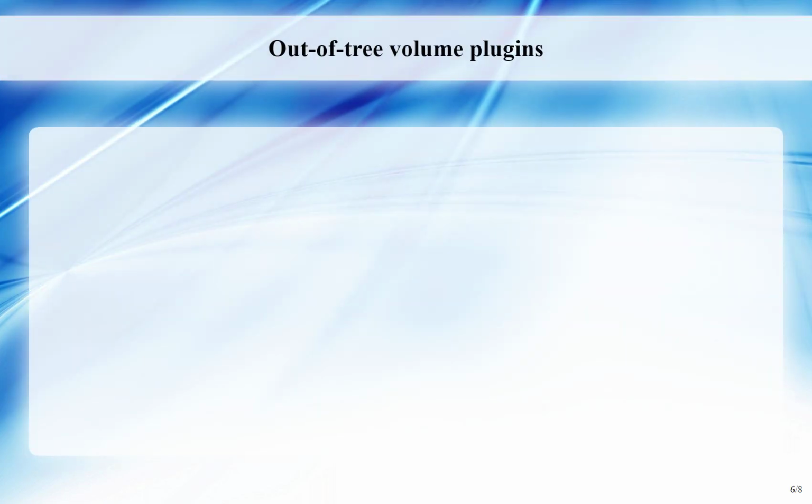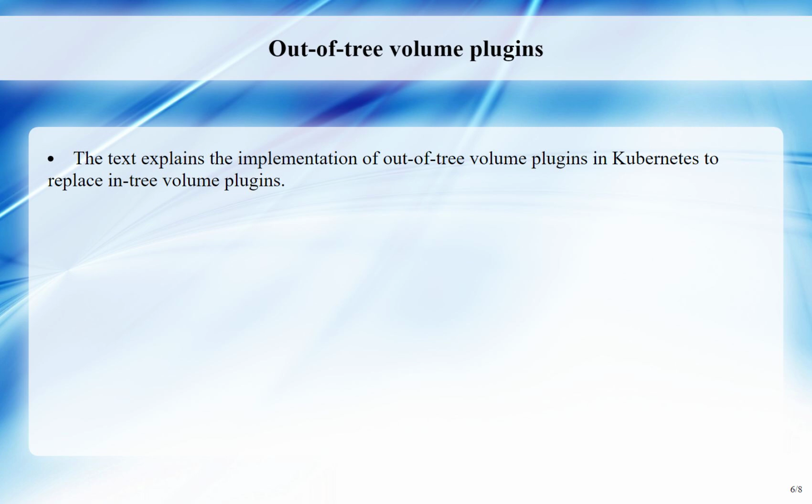Out-of-tree volume plugins. The text discusses the introduction of out-of-tree volume plugins in Kubernetes, specifically focusing on Container Storage Interface (CSI) and FlexVolume. Previously, all volume plugins were in-tree, meaning they were built into the core Kubernetes binaries.